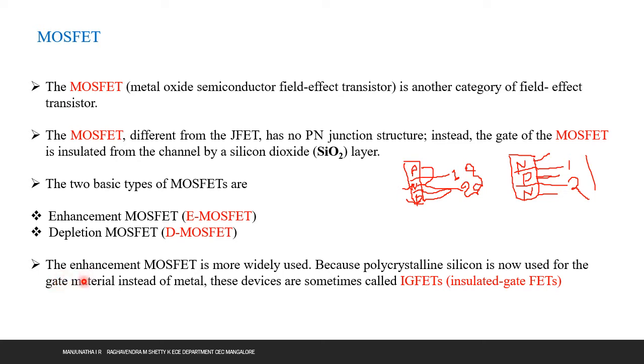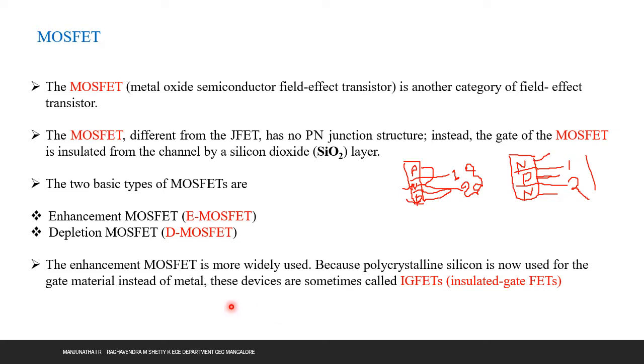And the last point is that the enhancement MOSFET is more widely used. The reason is that polycrystalline silicon is now used for the gate material instead of metal. As we discussed here, we are using a silicon dioxide layer at the gate, and that is polycrystalline silicon. So that is one reason.